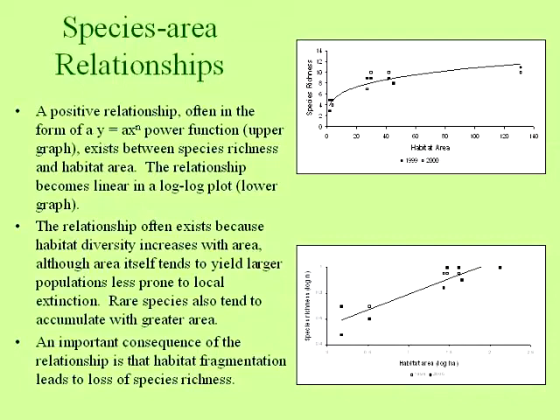Notice it's kind of a curvilinear relationship. And often what we see when we plot data like this is that it turns out to be a power function, an equation of the form y equals ax to the n, something like that. So what we often do to simplify things is to plot the data with logs.